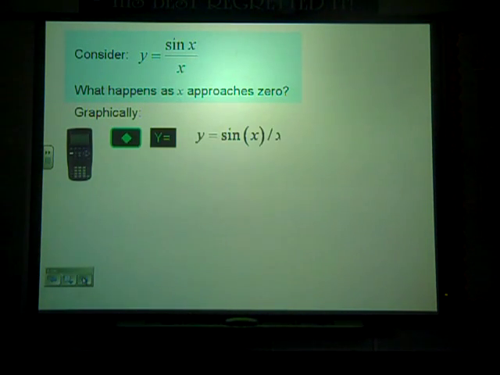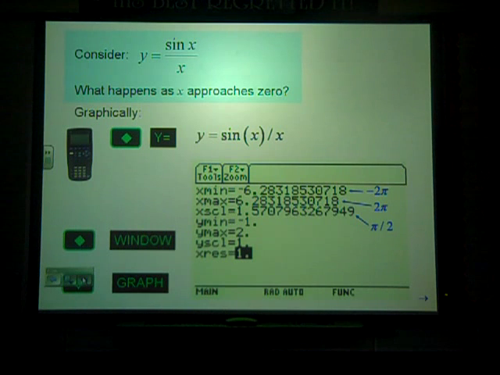graphically, we're going to put y equals the sine of x divided by x into our calculator. For our window, I would like to recommend to you folks that you just go negative 2 pi to 2 pi for your x's, with a scale of pi over 2. Anytime you're doing a trig function, just see what's going on. The y's depend on the function, but you know sine of x goes from negative 1 to 1.